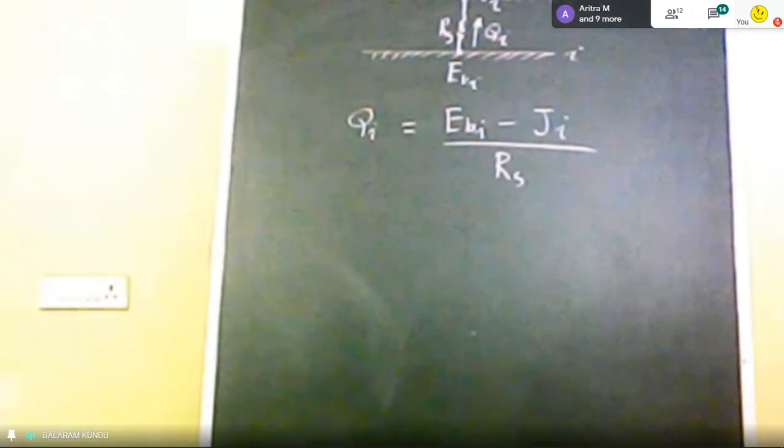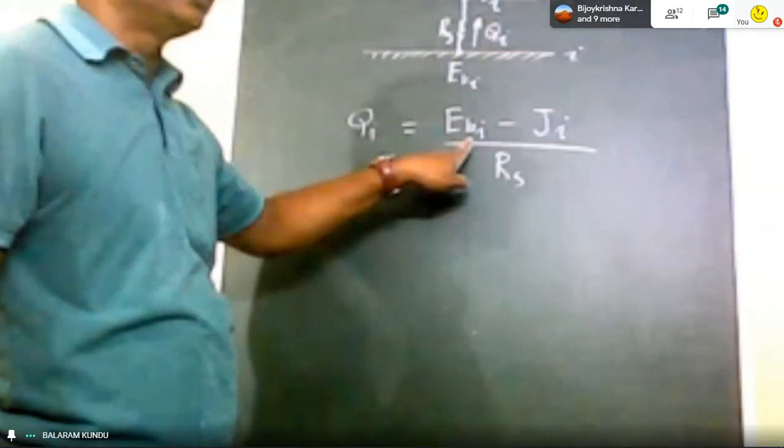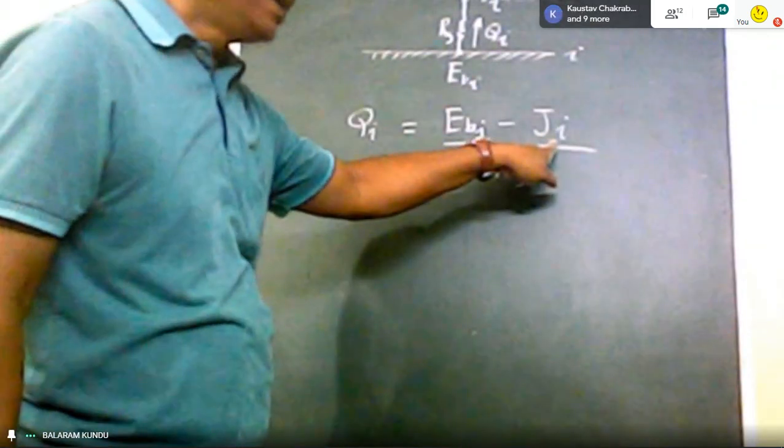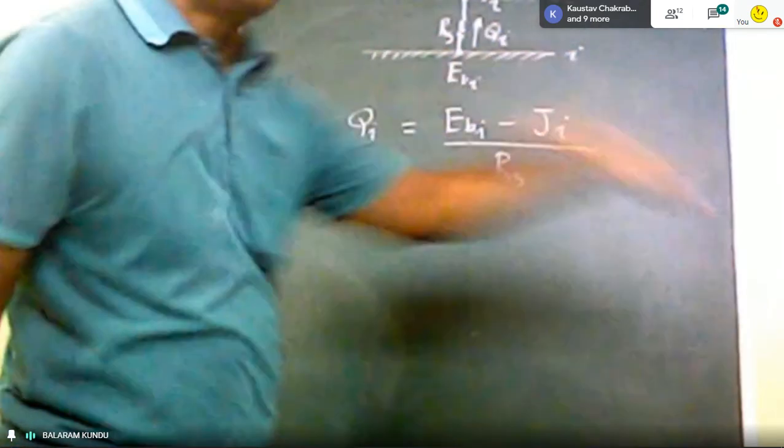Obviously Ebi, the emissive power of a black body, is greater than the radiosity Ji for a real body.